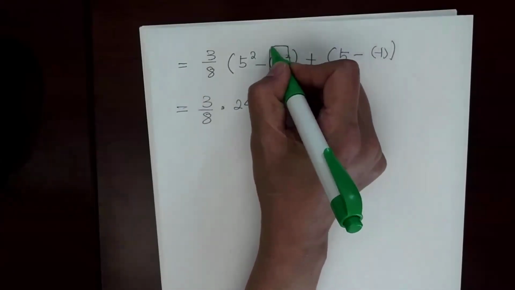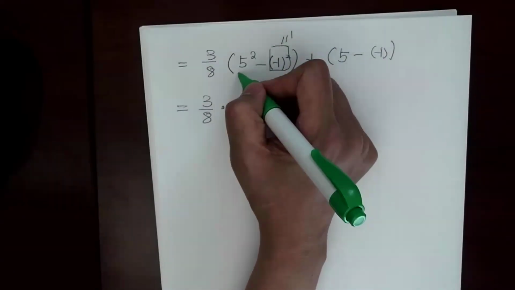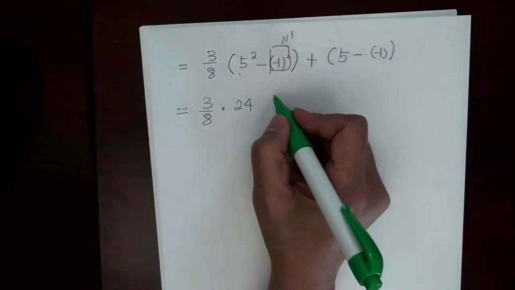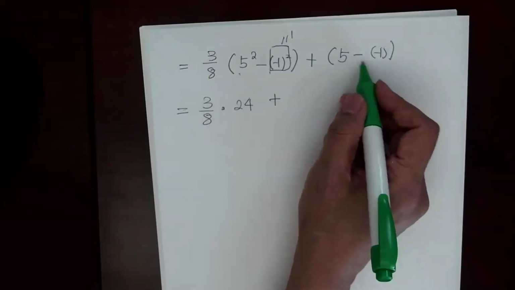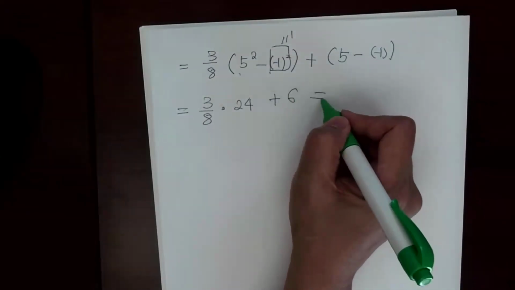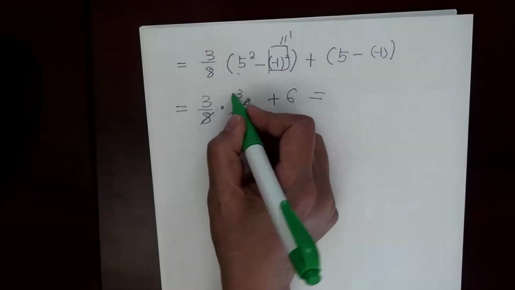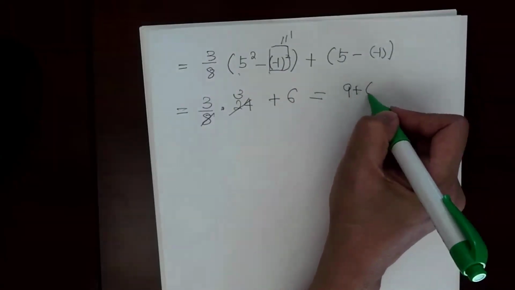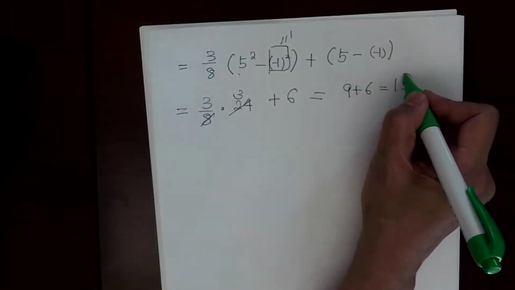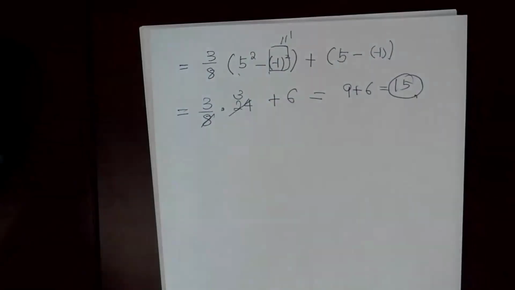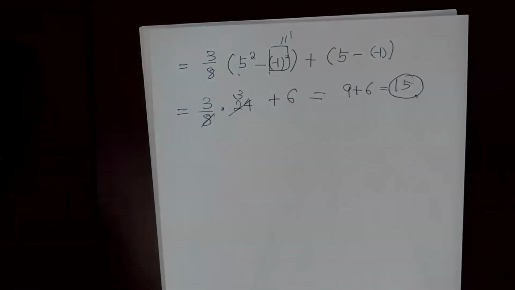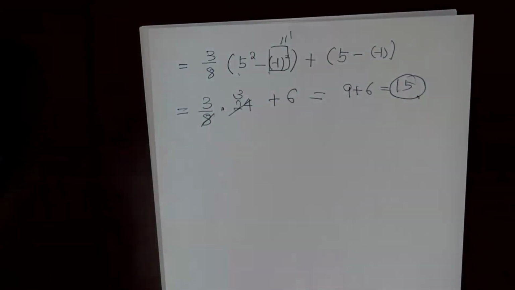This one is just 1, so 25 minus 1, right? Plus this one will be 6. This is 3. So 9 plus 6 equals 15.